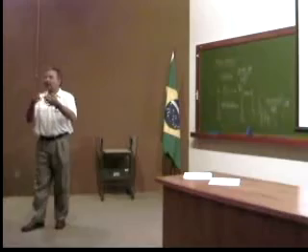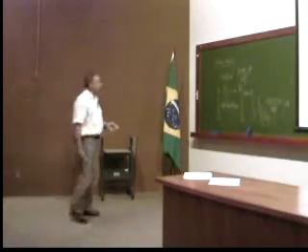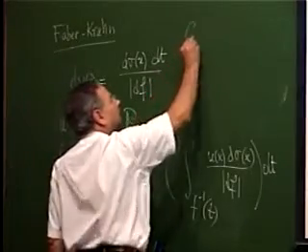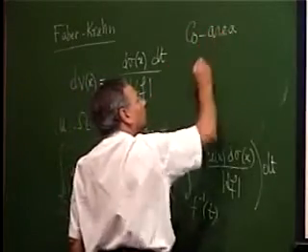So you don't have to bother too much about this. Okay, so we have this formula. This has a name. This is called the co-area formula.